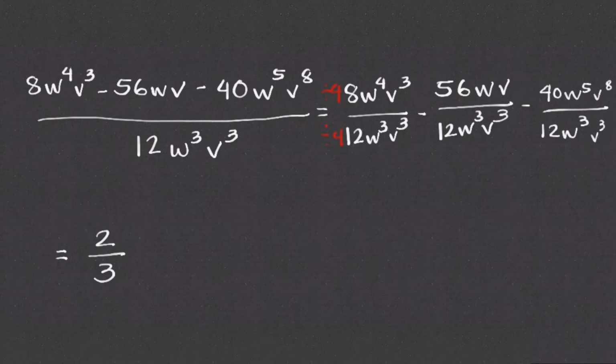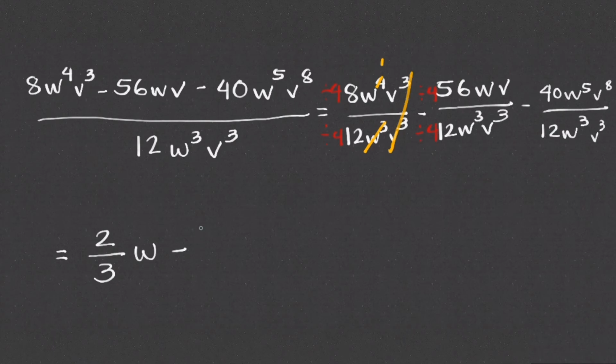And next, w raised to the 4th power divided by w cubed is w. V cubed divided by v cubed is 1, so you can cancel that one. Minus 56 divided by 12 is also 14 over 3, because they're both divisible by 4.